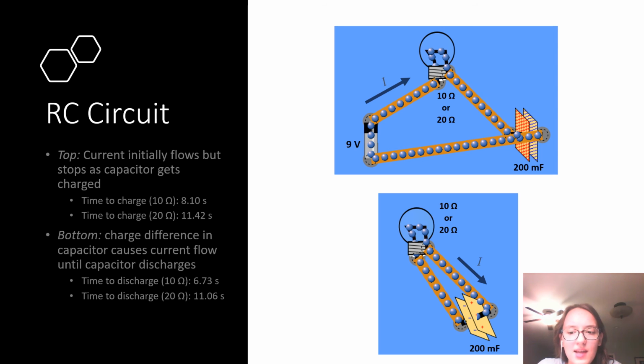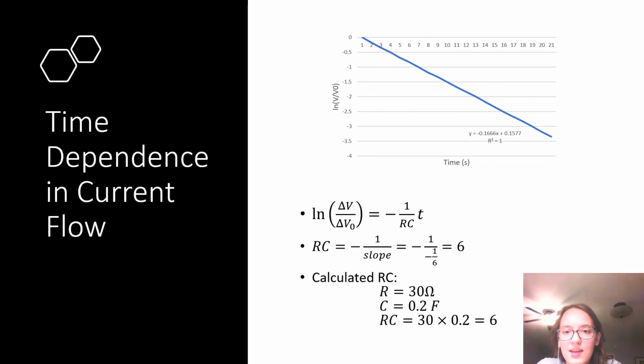We repeated the same, except we removed the battery and saw how long it would take the capacitor to discharge. With a 10 ohm light bulb, it took like 7 seconds, and with the 20 ohm light bulb, it took like 11 seconds, which is exactly twice the length that it took to discharge with the 10 ohm light bulb.